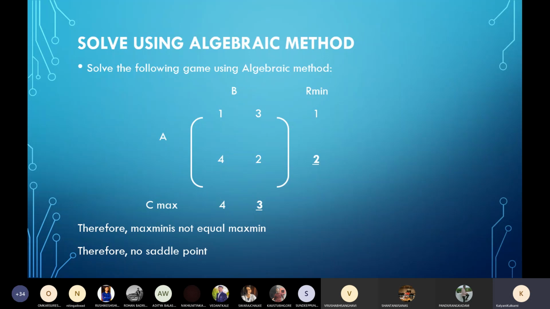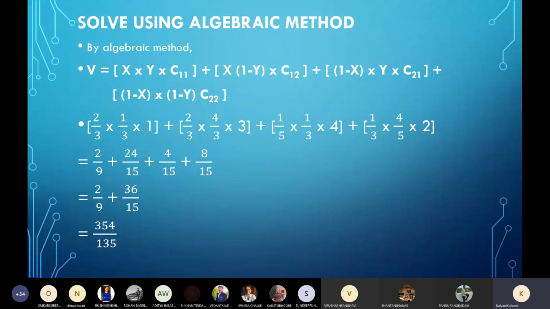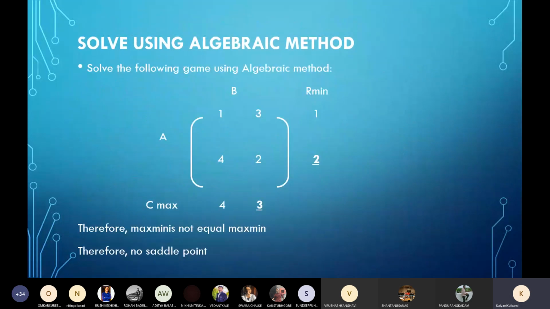Okay, a 2 by 2 matrix is given to you. The first step will always be to find whether max min equals min max, whether a saddle point exists or not. This is going to be your first step always. So the row minima for each row: first row is 1, second row is 2.